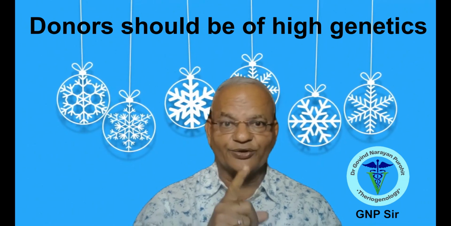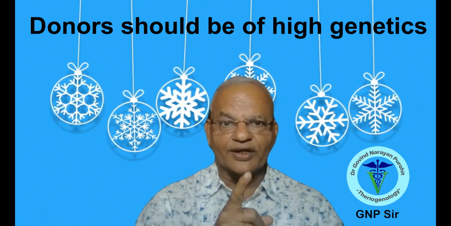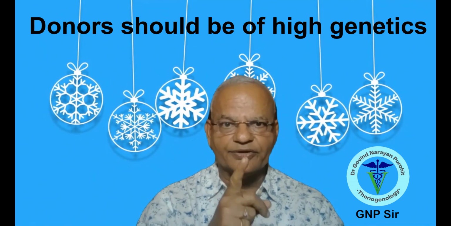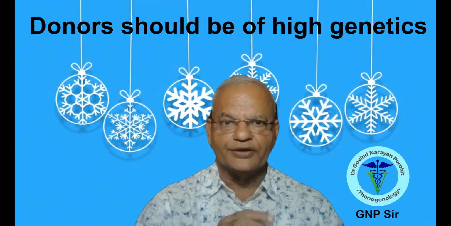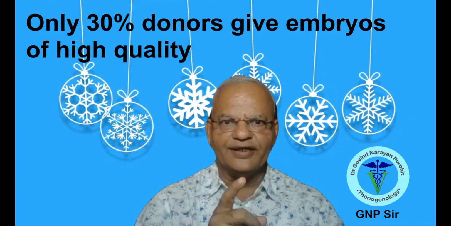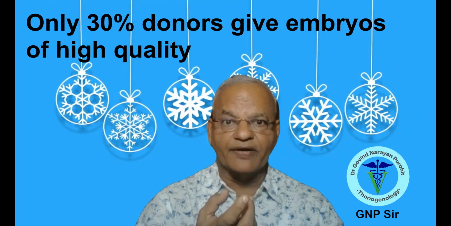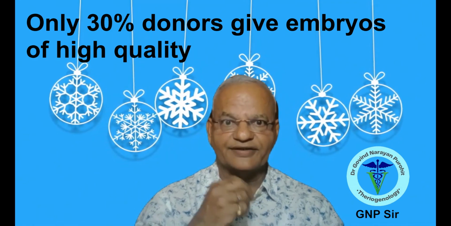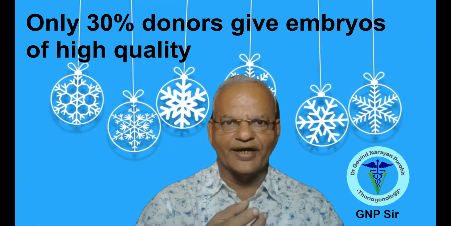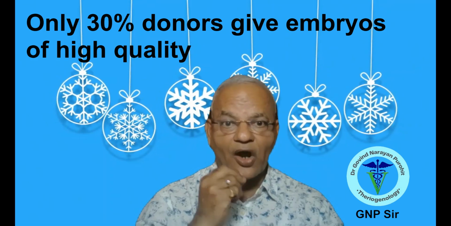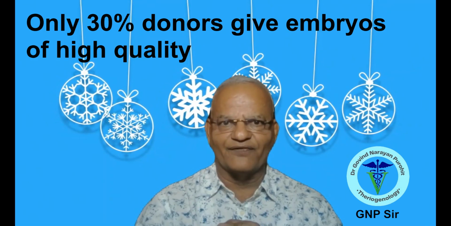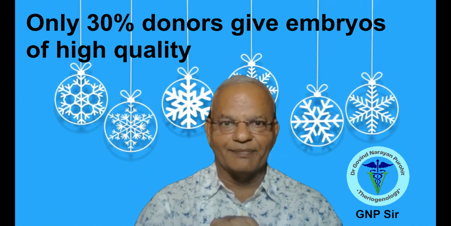And then also keep in mind, every donor will not yield 10 embryos of transferable quality. So a donor can yield a very high number of embryos at one time, but the same donor, when you superovulate it at other times, may not yield that number of high quality embryos.